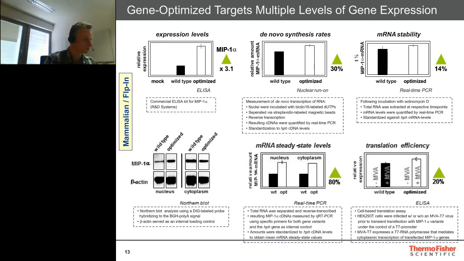And here's a graphical picture of that. So the increased expression is working on different levels of gene expression. So it's important to optimize for RNA stability, not only codon usage, right?